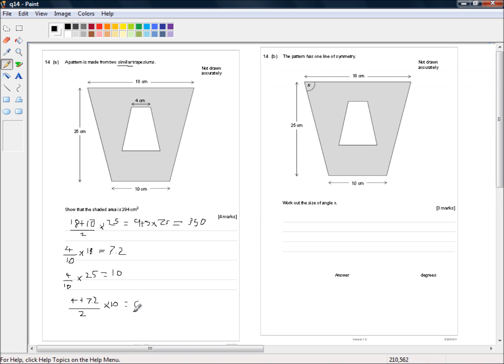I noticed the 5.6, and so to make that times by 10, you just move the decimal point one place across.